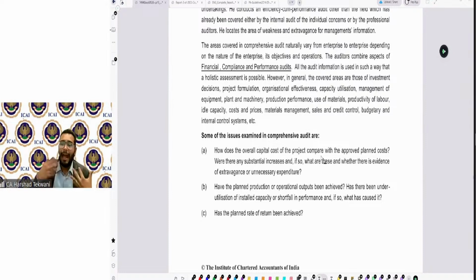Let's say, for example, I look from the financial point of view, the compliance point of view, and the performance point of view also. So all the points are taken together, and comprehensive audits are performed on an overall basis to have a holistic view of that particular area, project, organization, plan, activity or department.